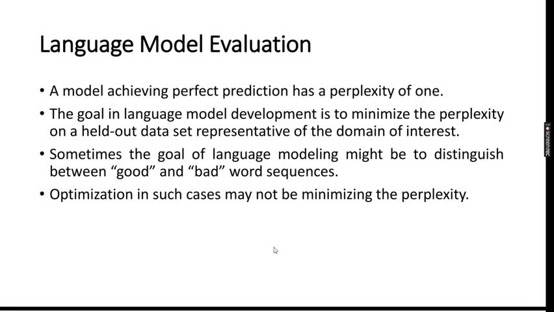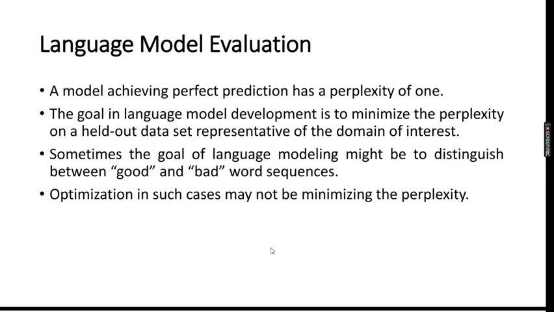Next, to get a better prediction, we generally use this criterion. The main goal of these language models is generally to minimize this criterion and to get better word sequences, and to tell good and bad word sequences apart.